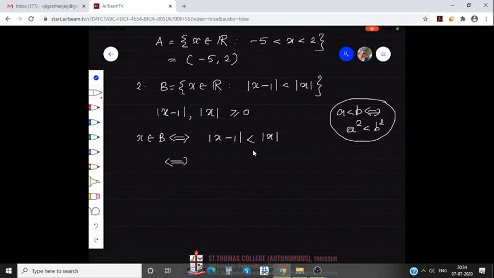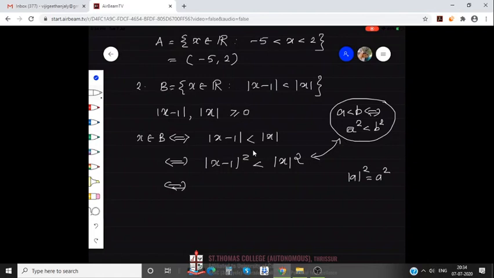This is equivalent to, I will square on both sides, so that absolute value of x minus 1 square is less than absolute value of x square. And we have one more result: absolute value of a square is the same as a square.